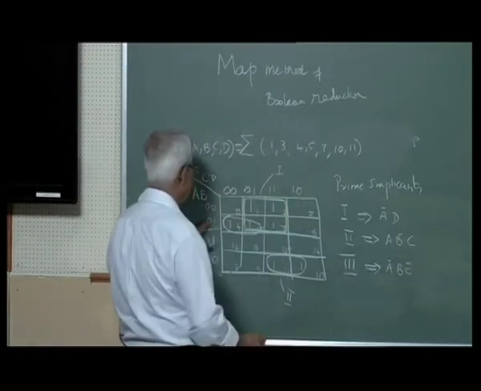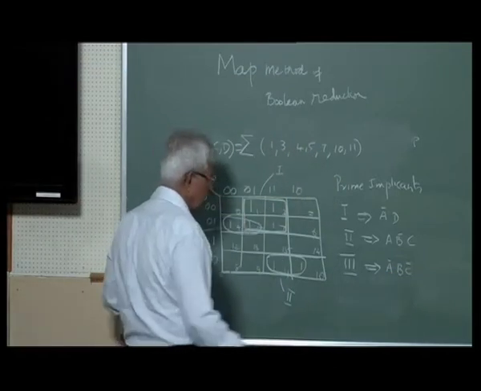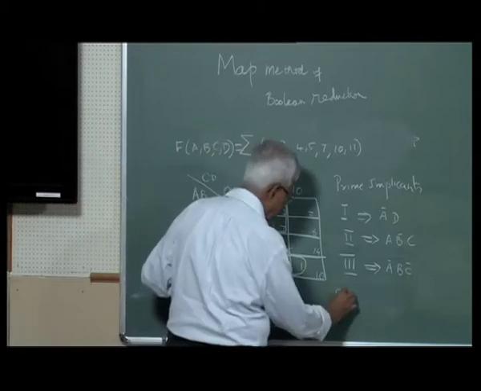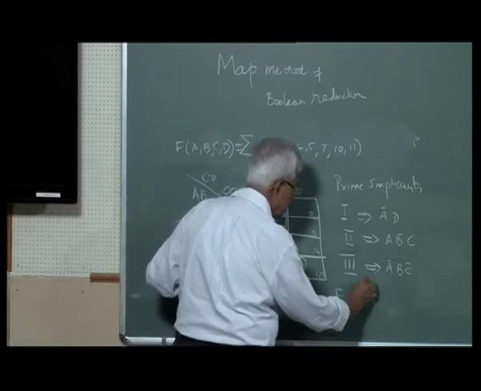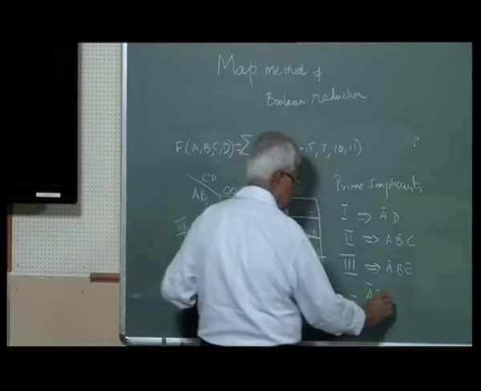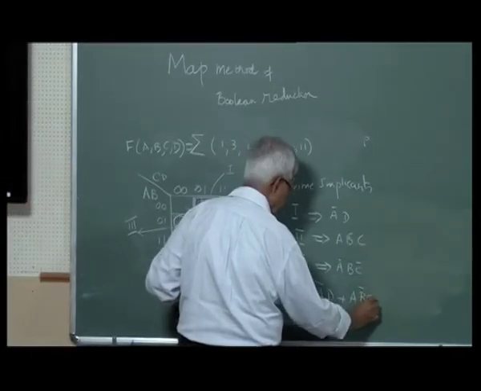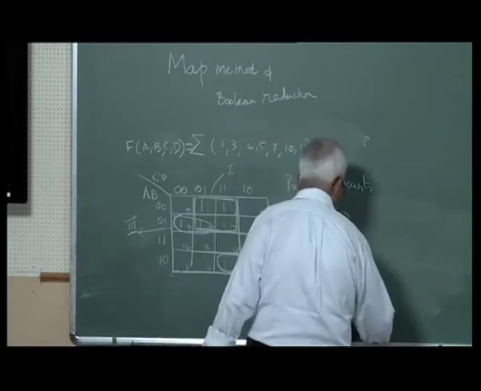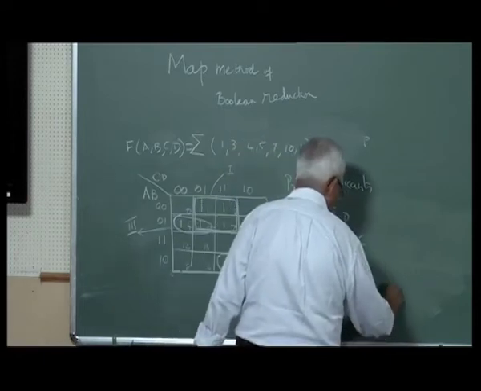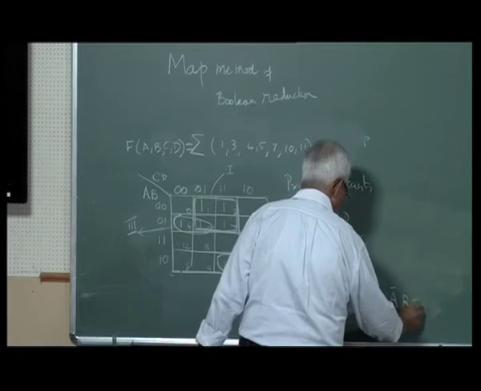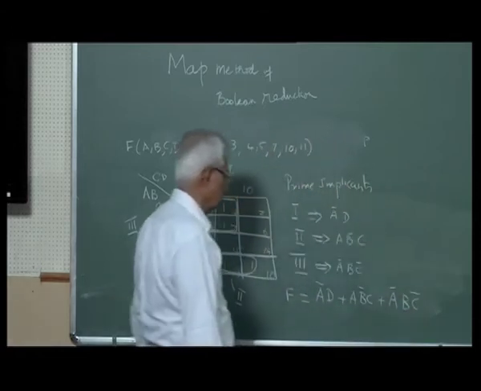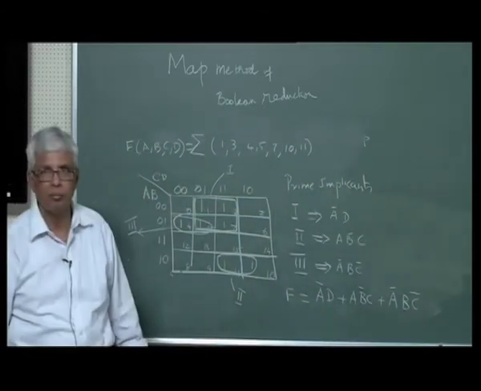So, now F is A bar D, A B bar C, A bar B C bar, this is the total function.